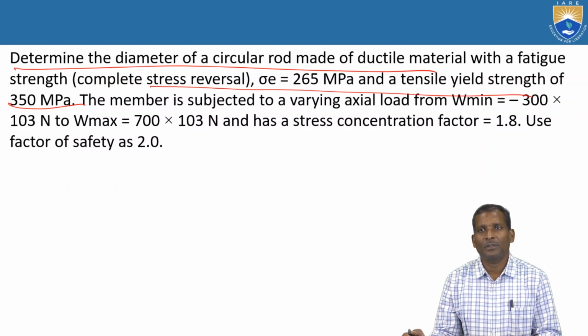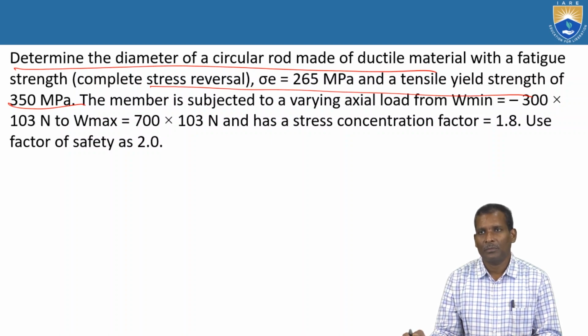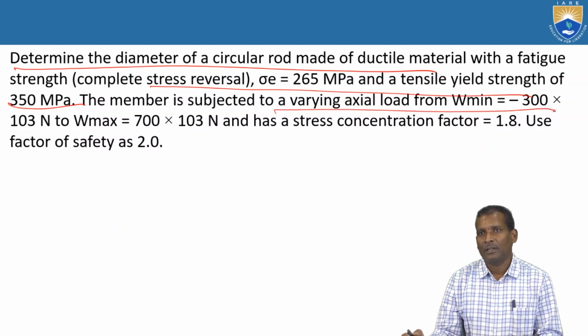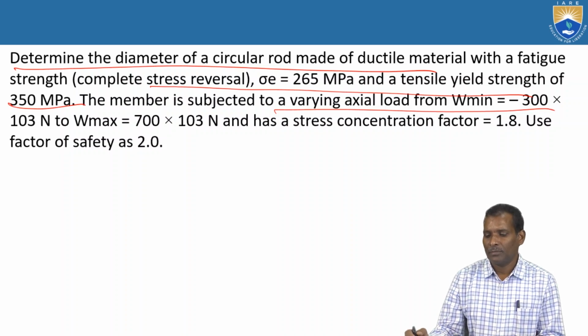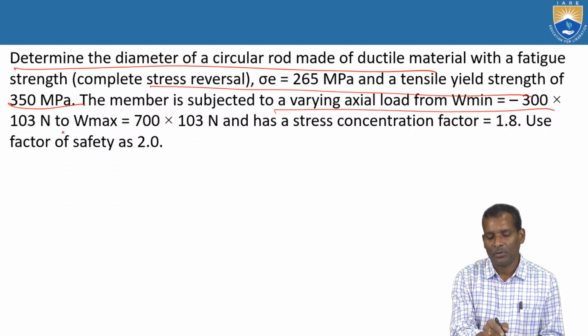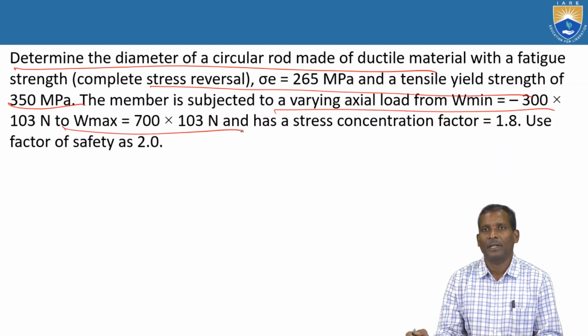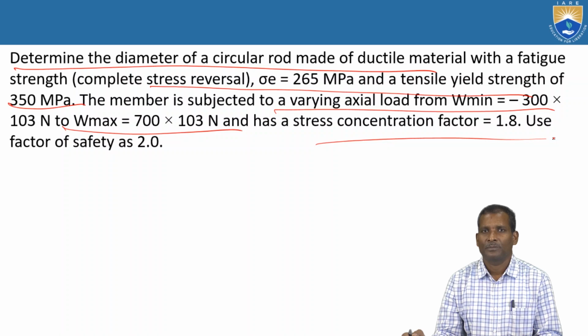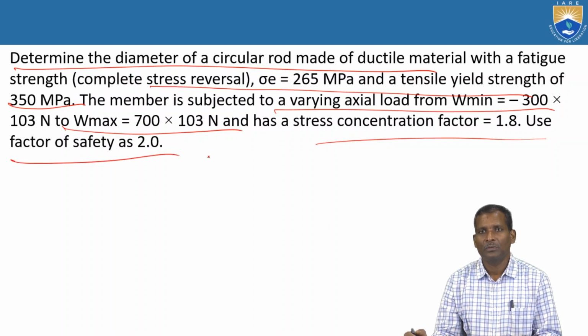The member is subjected to varying axial load, from minimum to maximum. The axial load is given as minus 300 kilonewton to 700 kilonewton, and the stress concentration factor is 1.8. Use a factor of safety of 2.